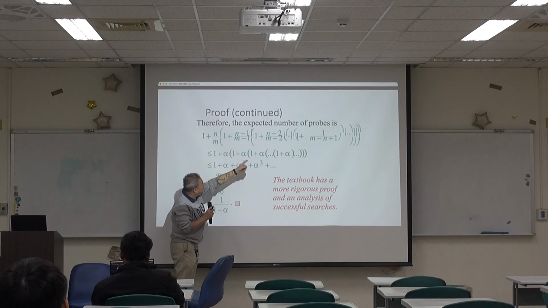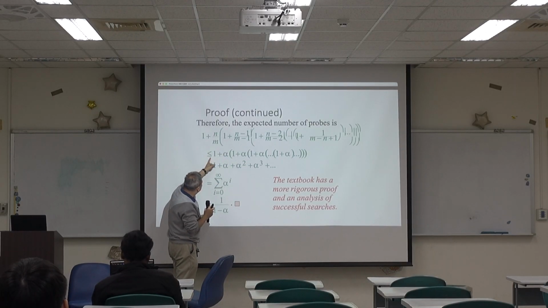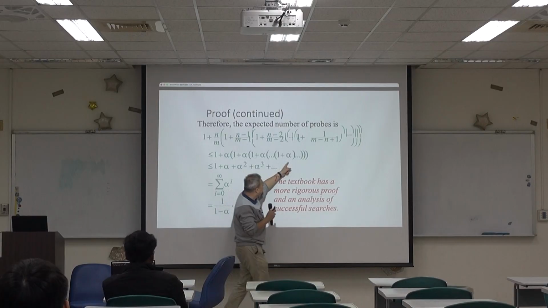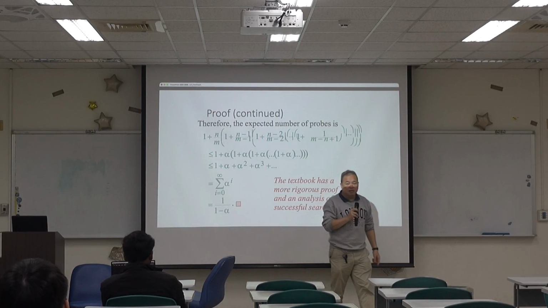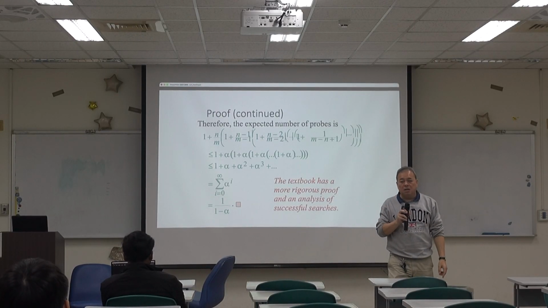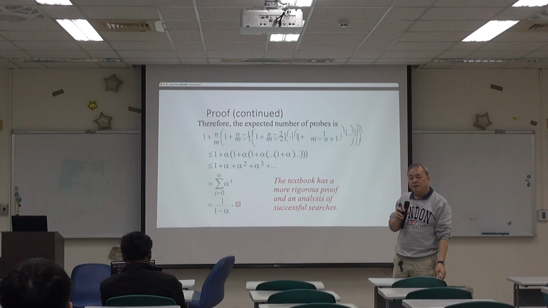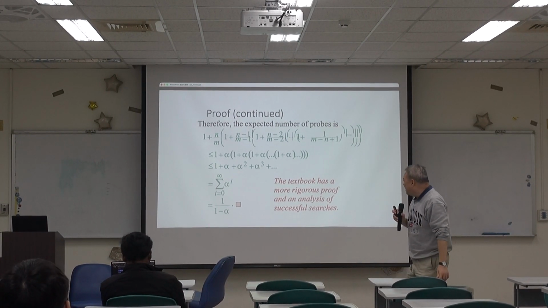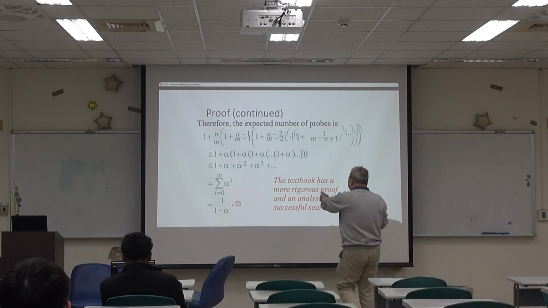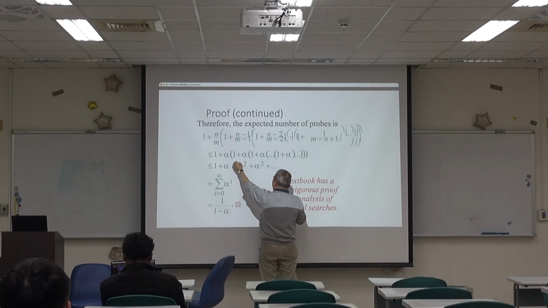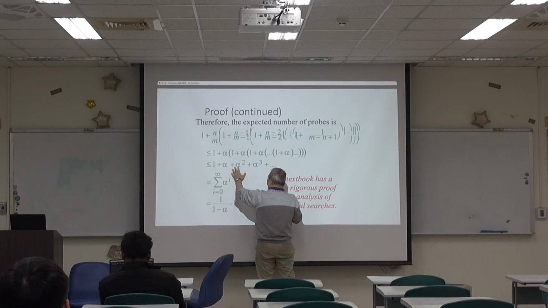The above formula is going to be smaller or equal to this one, right? And then you can expand it. You can really expand it. So it's going to look like this.